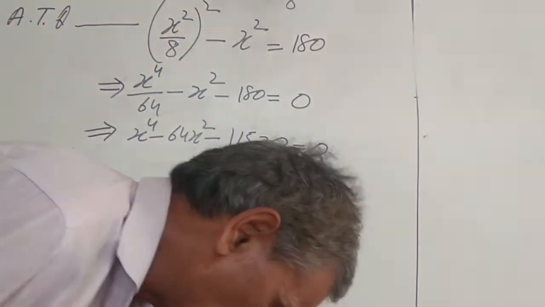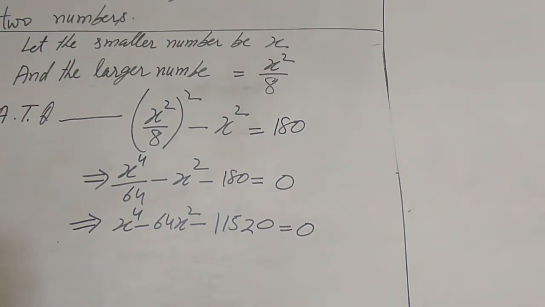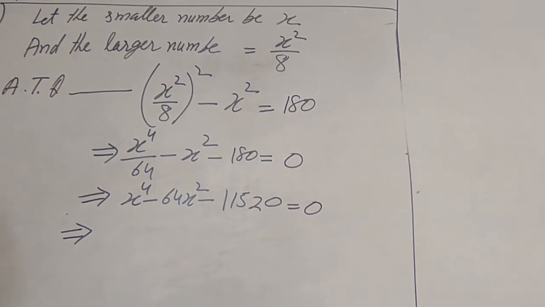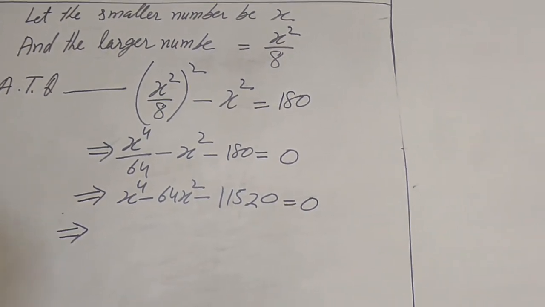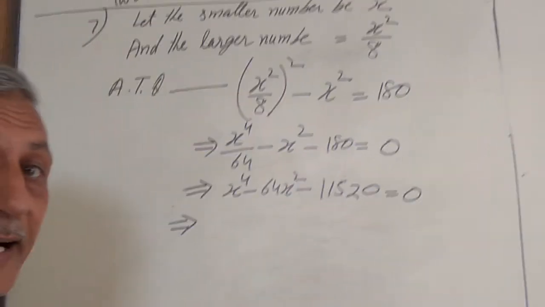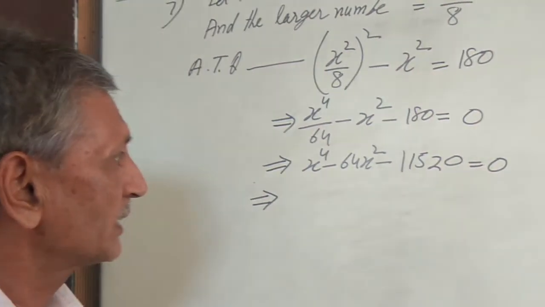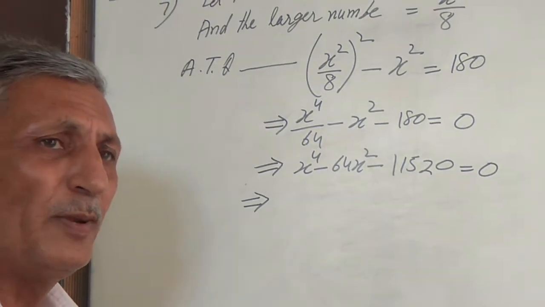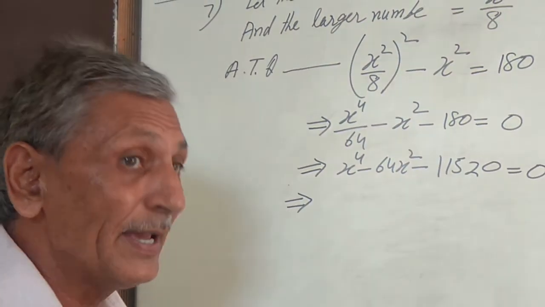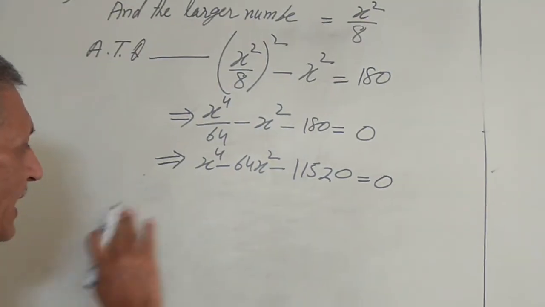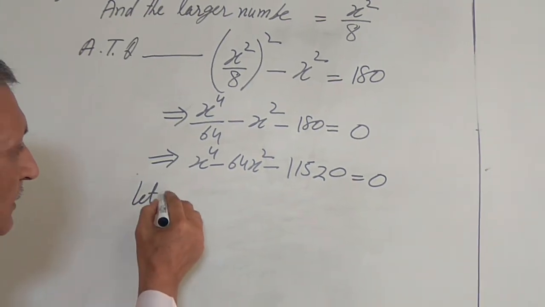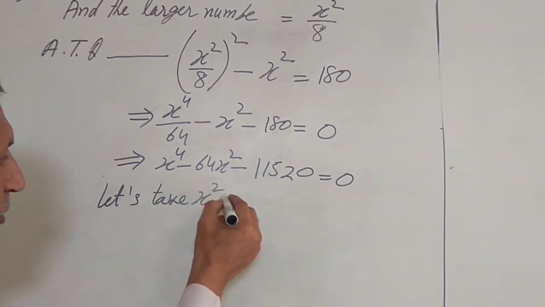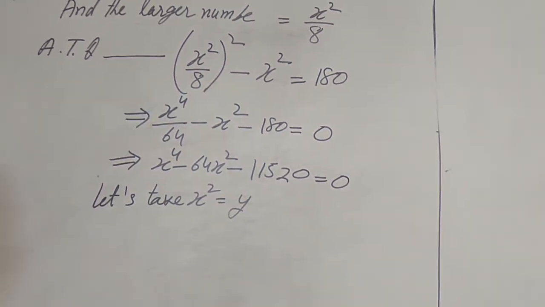Then of course the equation we get is biquadratic. It is not quadratic. So we will have to reduce it to quadratic first. To reduce it to quadratic, let's take x square to be a or y or k. Let's take x square is equal to y.